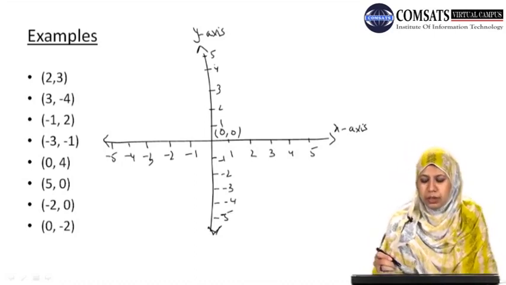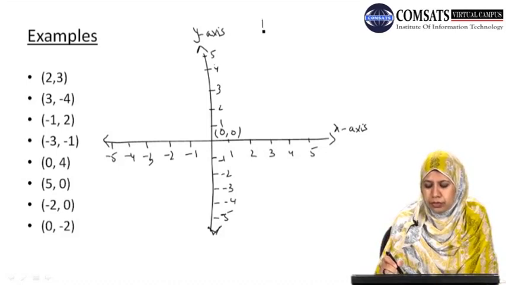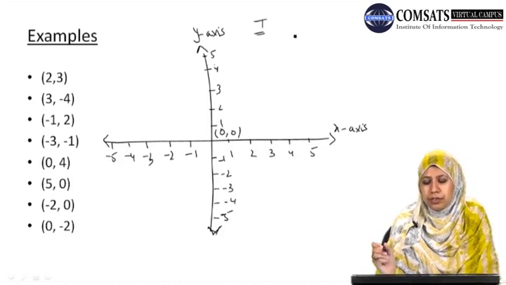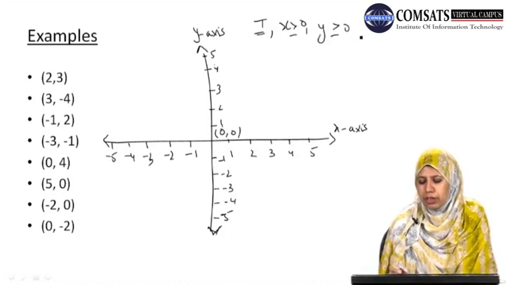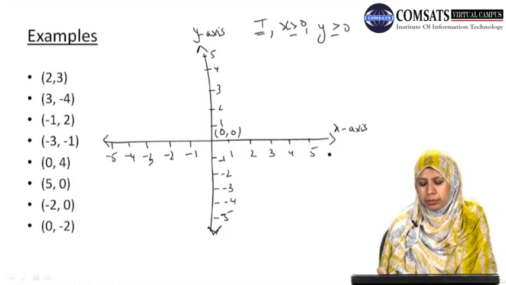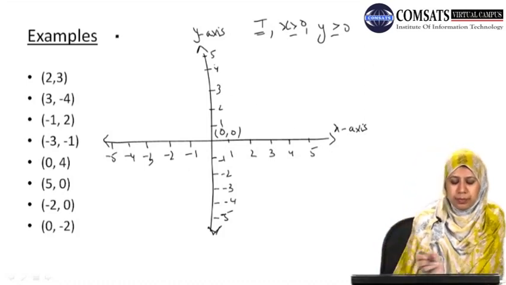Okay, now the extreme right one is our first quadrant, that is when x is positive and y is positive, that is when both values are positive.